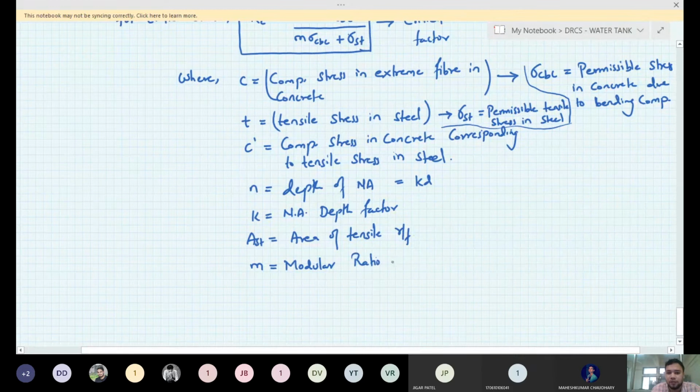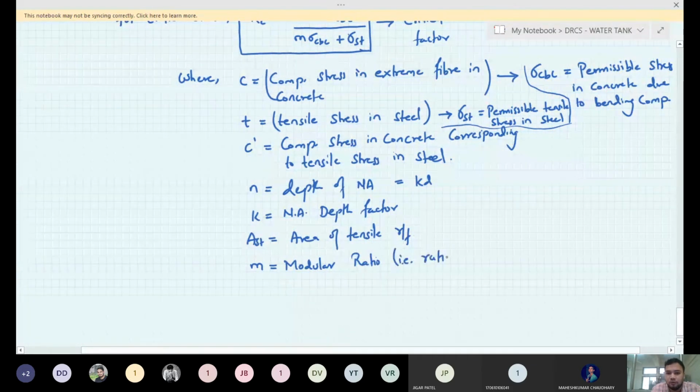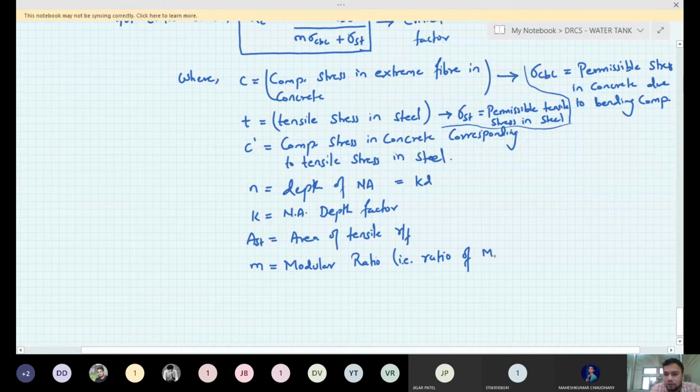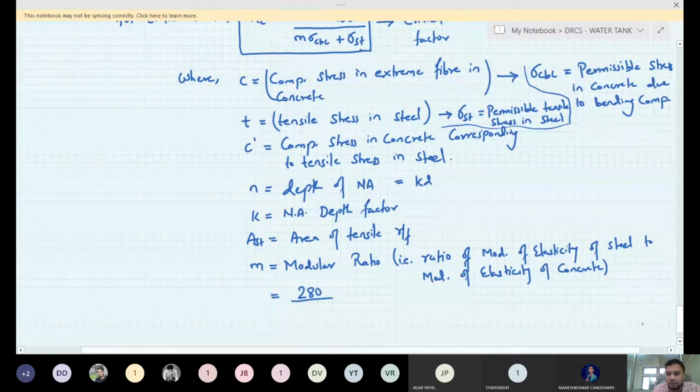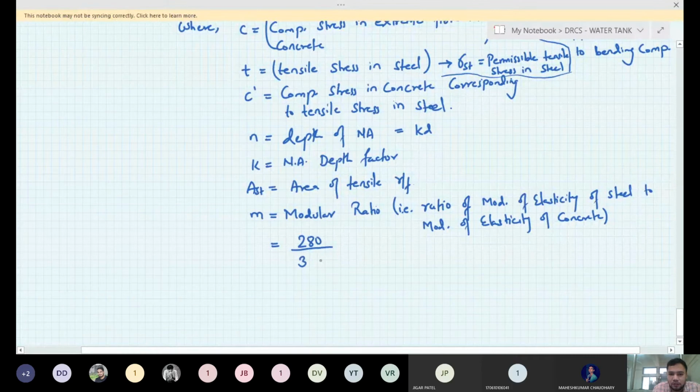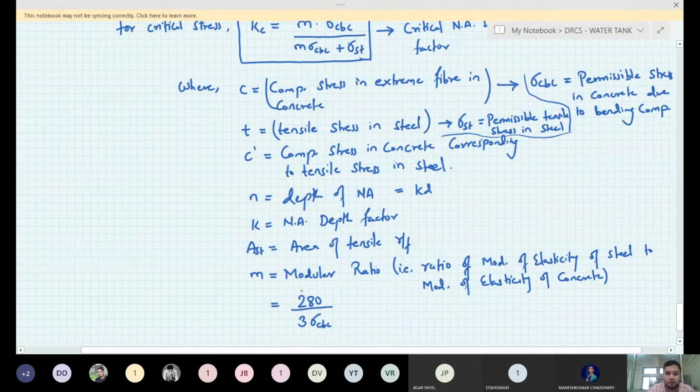And if you remember the definition of the modular ratio, it is the ratio of modulus of elasticity of steel to modulus of elasticity of concrete, and the value of this, the code has given as 280 by 3 sigma CBC, where sigma CBC is the permissible stress in concrete due to bending compression. Okay.